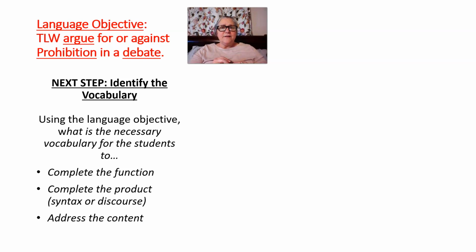I think that is not going to benefit you at this point. But you do need to think about words that are going to help the students, words that they might need to know in order to complete the function, for example, argue, to complete the product, debate, and address the content.